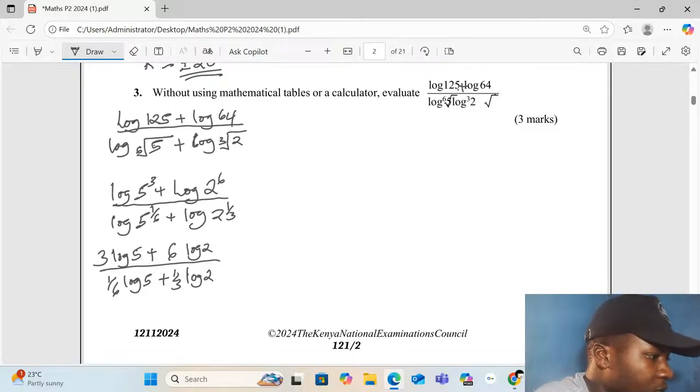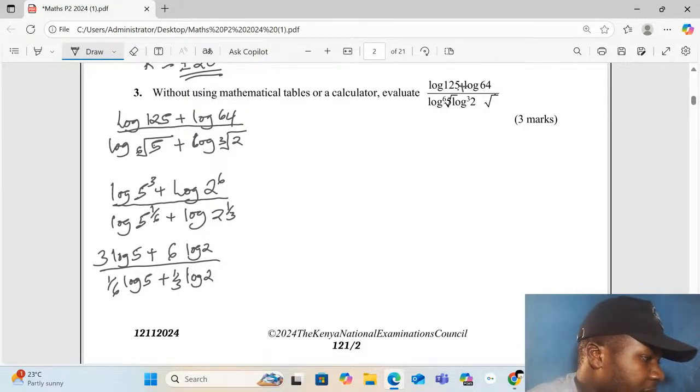Okay, this is what we are saying. Log 5 power 3 plus log 2 power 6, divided by log 5 power 6th plus log 2 power 3rd.